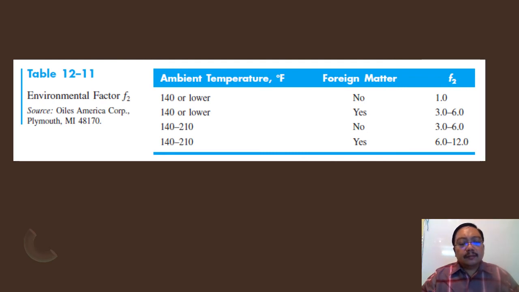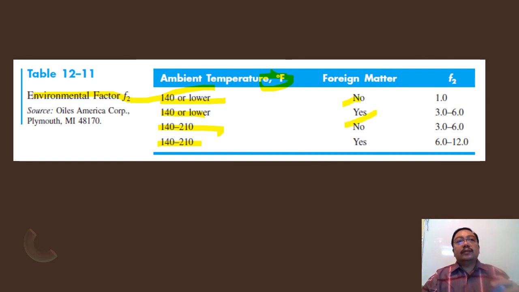So table 12-11 is the environmental factor. You remember the equation has f1 and f2. This is for ambient temperature of 140 degrees Fahrenheit or lower. For countries that use Celsius, you have to convert it. There are conversions on the internet, just type in Google and you can get all the values. Then there is foreign matter or no foreign matter.